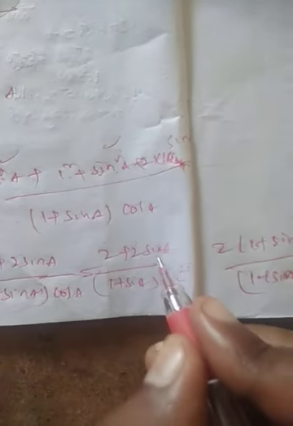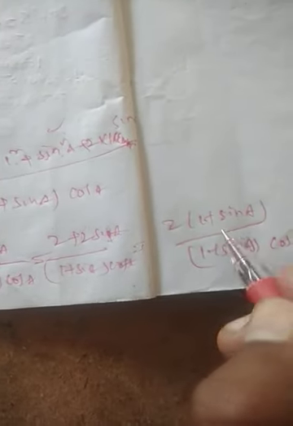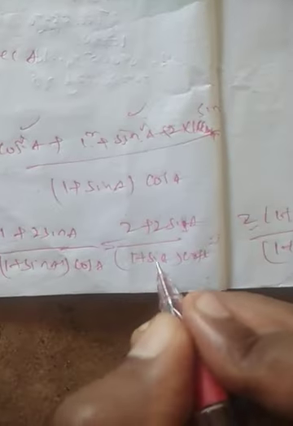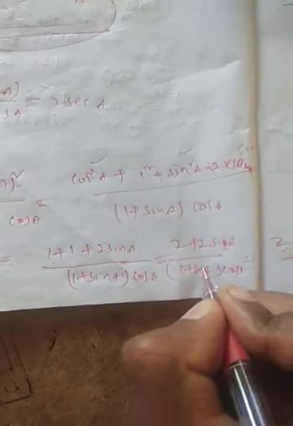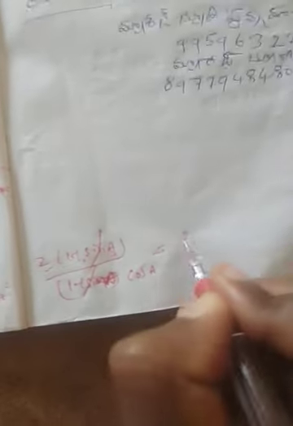Once again, 2 will be common: 2 into 1 plus sin a. This is also sin a only. I am not able to write perfectly, it is the very bottom of the paper. 1 plus sin a cancels with 1 plus sin a. What you get is 2 by cos a. 2 by cos a is what? 2 sec a, as cos is the reciprocal of sec. In this way we can find this question.